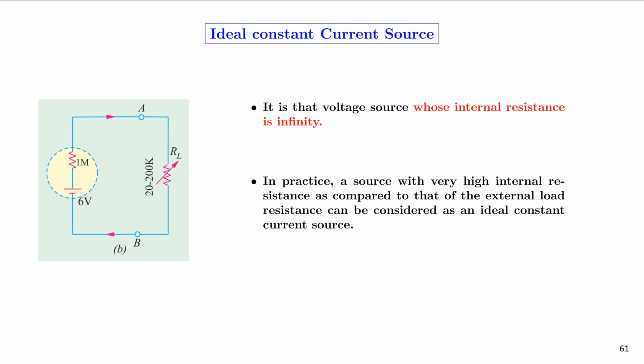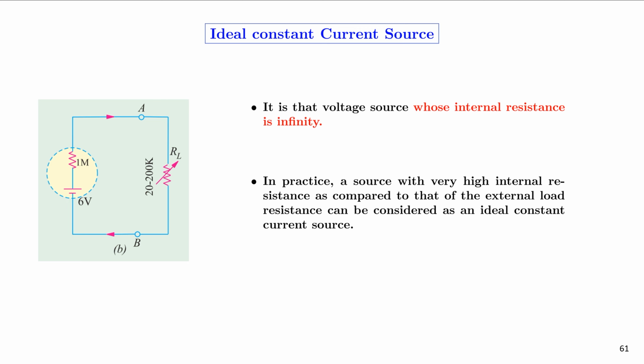Now the case of an ideal constant current source. Let us consider the case of a voltage source which is having a very high internal resistance. In the figure, a 6 volt supply has been shown which is having an internal resistance of 1 mega ohm. Across terminals A and B, we are able to connect a load resistance whose value can be changed from 20 to 200k.